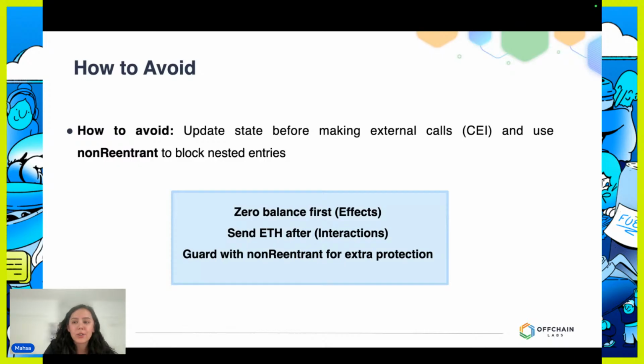Here that interaction is sending ether to whatever is calling the withdrawal. And if you want an extra layer of security, you can always use the nonReentrant modifier from OpenZeppelin, which basically blocks any nested calls into the same function in the contract.